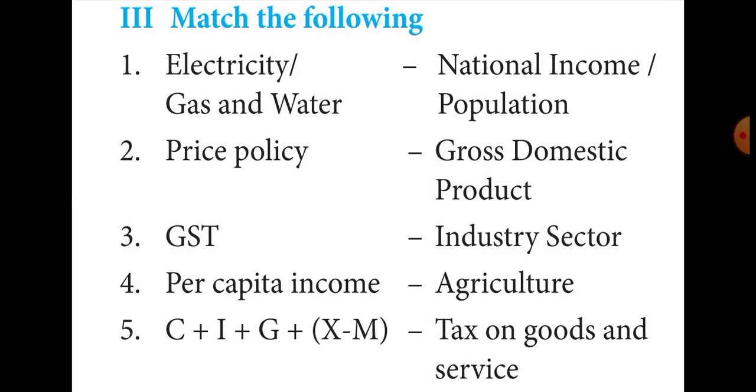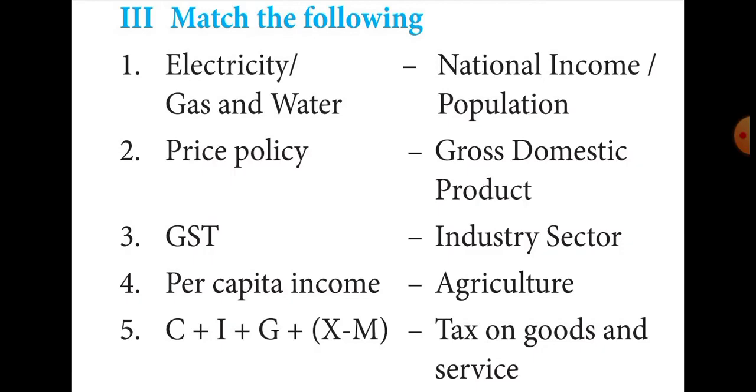Then Roman number 3, match the following. Electricity, gas and water: the answer is industry sector. Second one, price policy: the answer is agriculture.